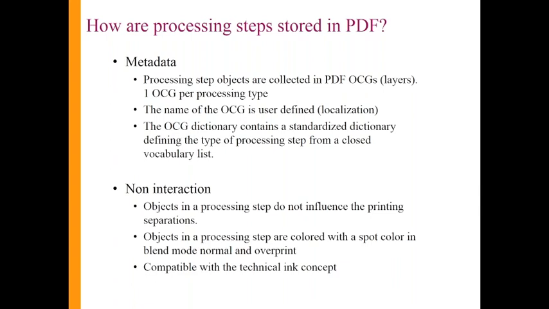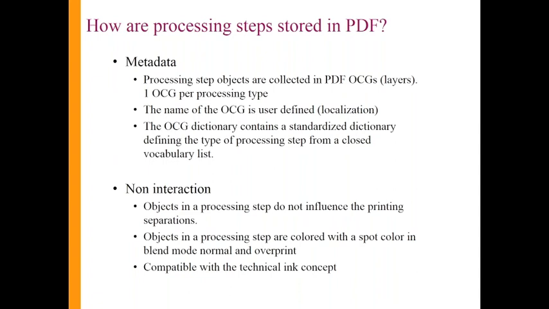And the second concept that ISO 19593 builds upon is what I call non-interaction. What do I mean by that? When you insert objects that correspond to, let's say, a finishing operation like cutting into a PDF, you want to have a guarantee that those inserted objects for cutting do not influence the printing separations.